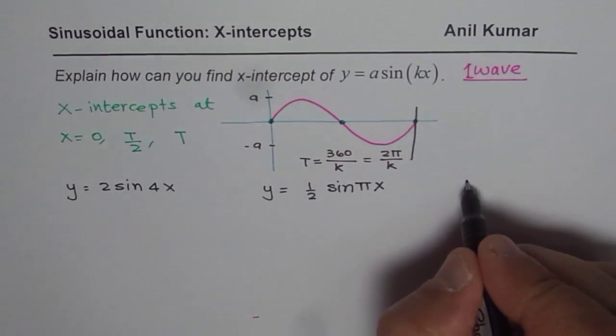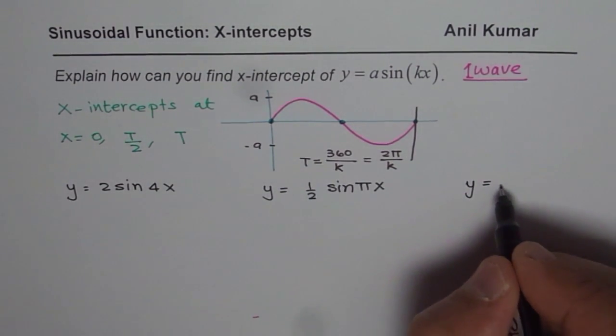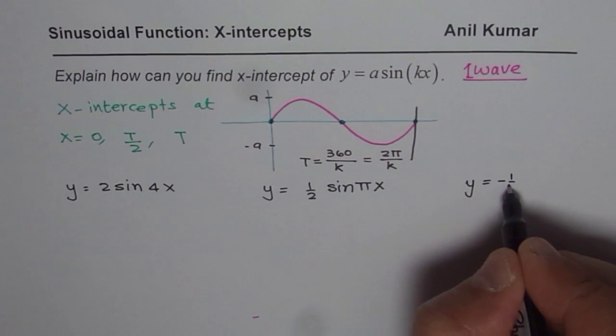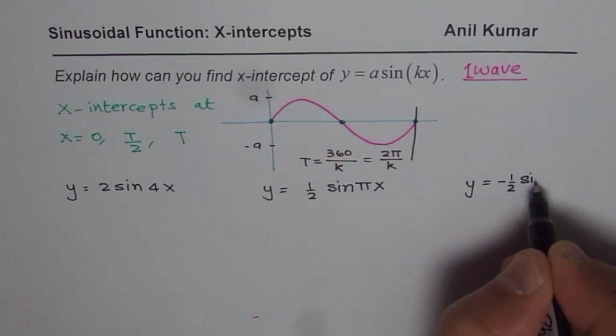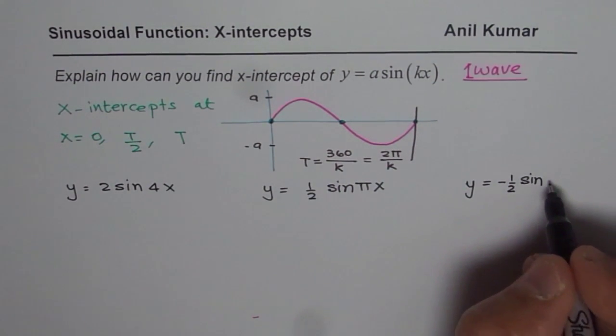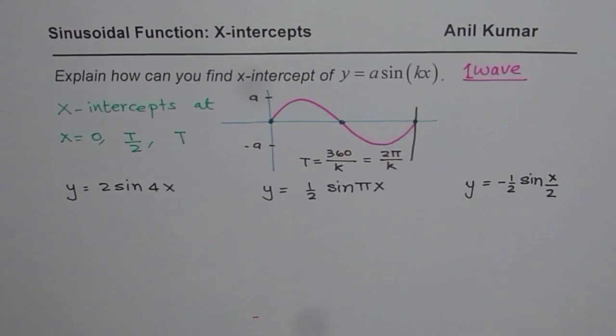And let me write down one equation as y equals minus 1 over 2 sine of x over 2, right? So let us say these are the three functions. You need to find x-intercepts for all the three functions. You can pause the video, answer the question, and then look into my suggestions.